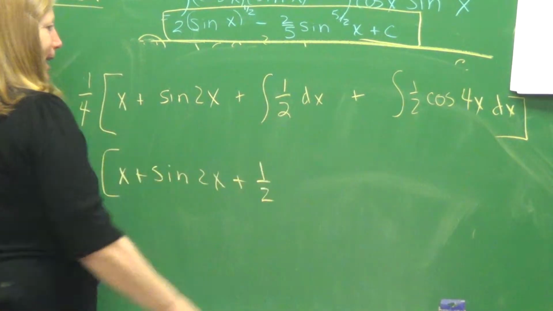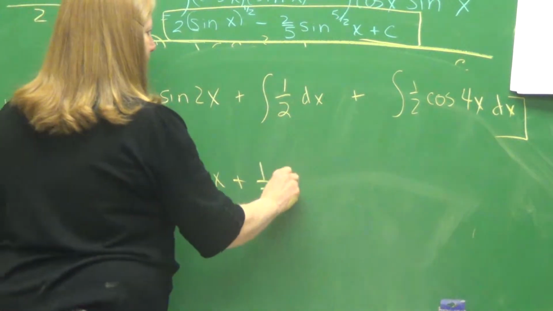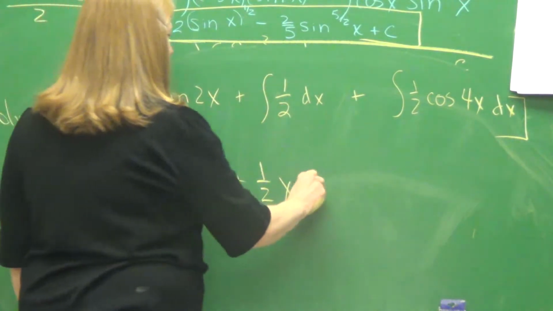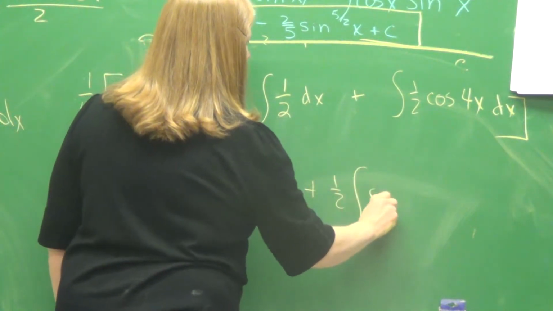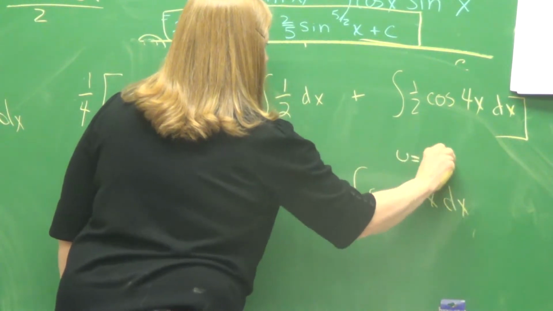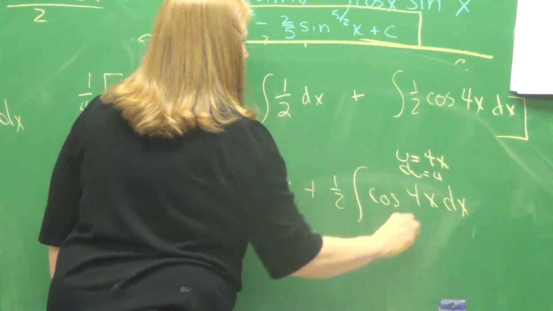What's the integral of 1/2 dx? 1/2 x. Alright, and what's the integral of 1/2 cosine of 4x? So we have the integral of cosine of u, where u is 4x. Right, du is 4, so you have to pull out a 1/4.